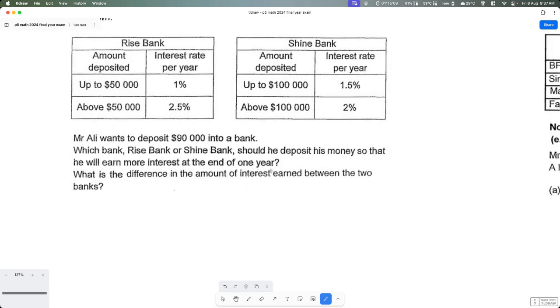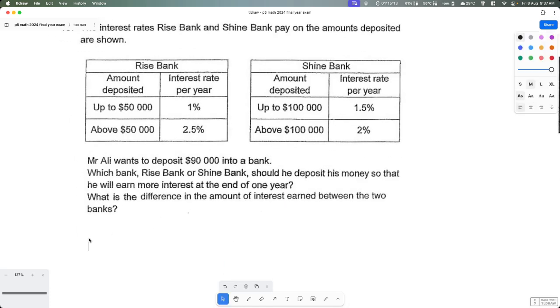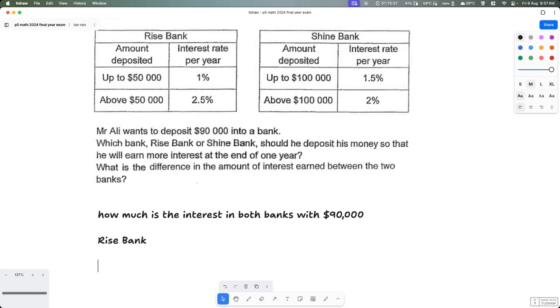So two questions. First we need to know how much the interest is in both banks with $90,000. First for Rise Bank, up to 50k and above 50k.